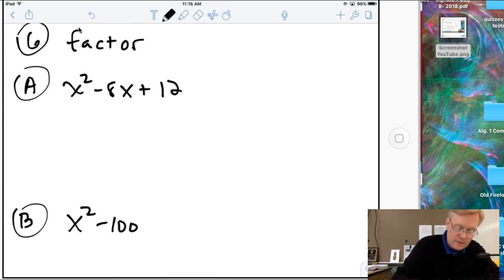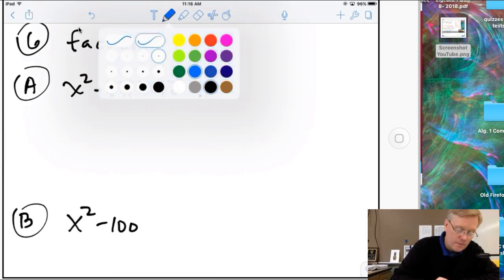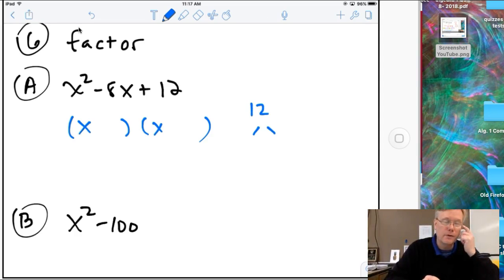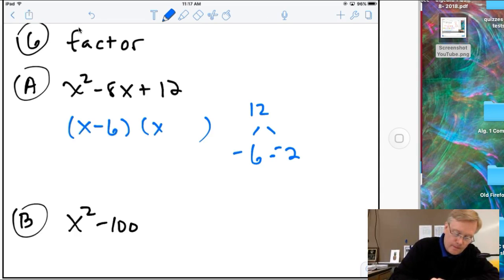All right, so this is the easy kind, when there's nothing in front of the x squared. Don't make your life harder than it is. I got x, okay? Things that multiply to 12 and add up to negative 8. That would be 6 and 2 multiply to 12, and if I make them both negative, then they add up to negative 8.